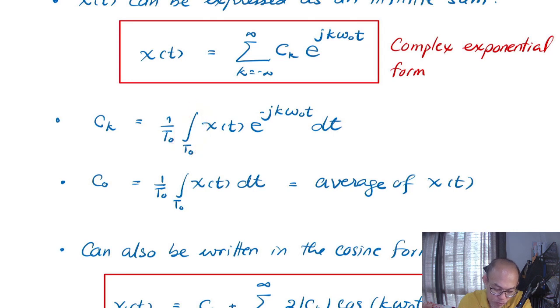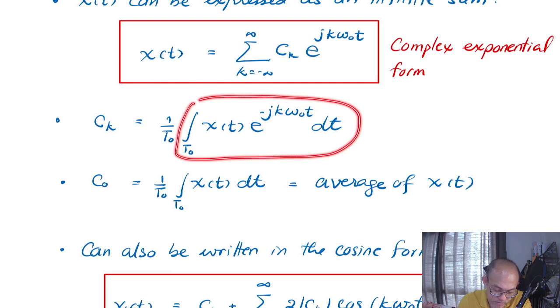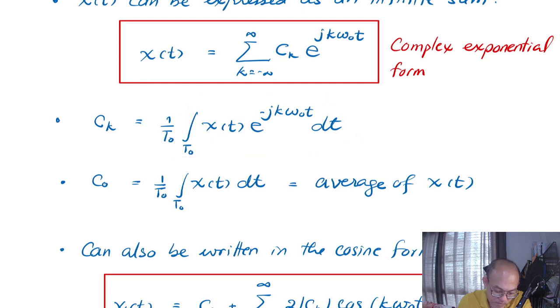Once you have the value of the integral, you divide it by the period, and you get ck. Generally, ck is a complex number.